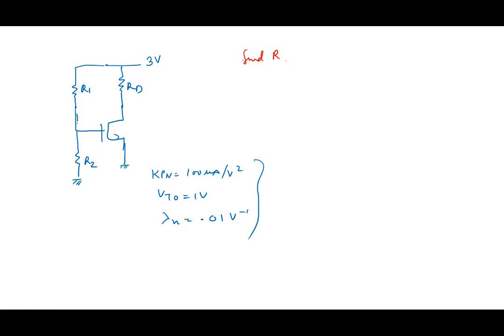Find R1, R2 such that IDS equals a given value. Also, in many of these designs, W by L is under the designer's control.